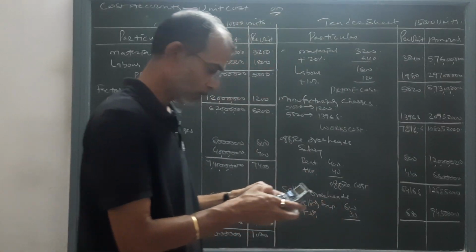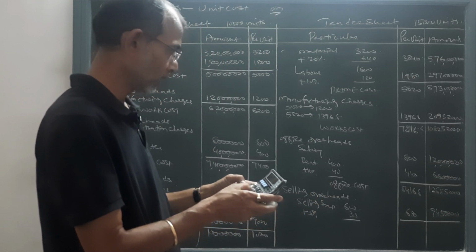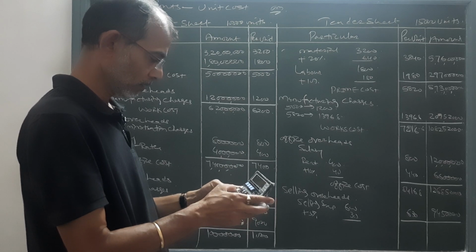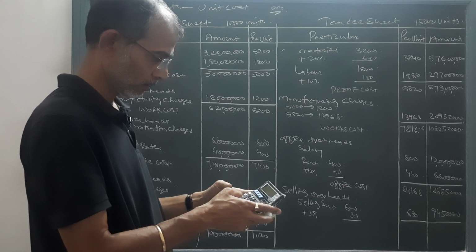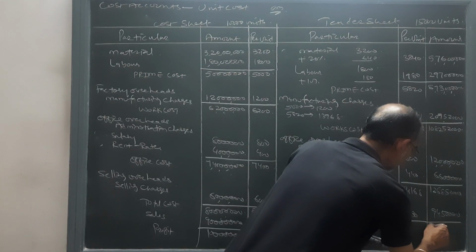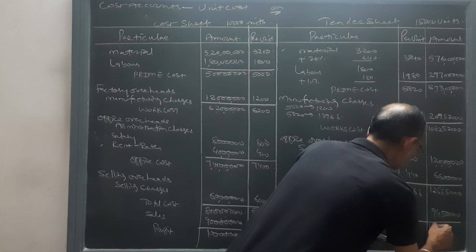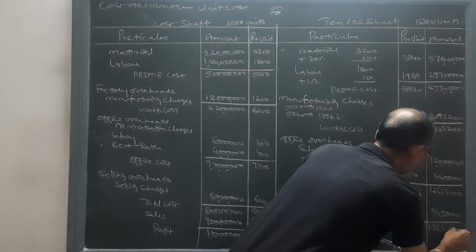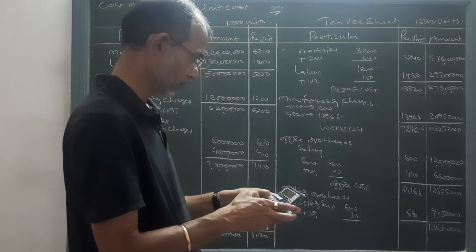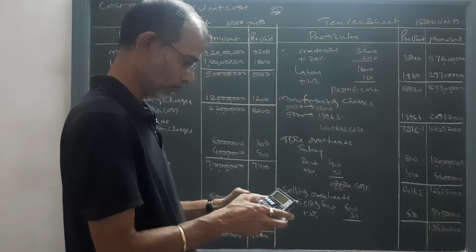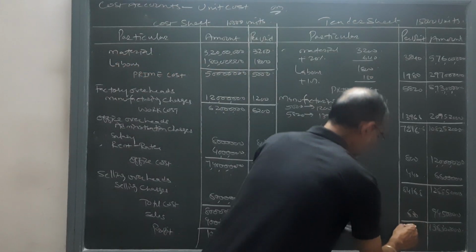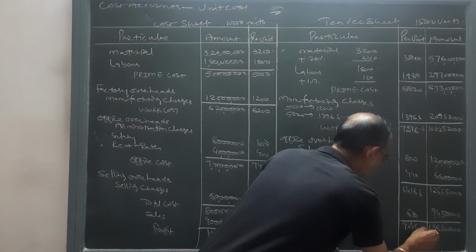Now total cost will be 1 crore 20, 12 crore 68 lakh. So 13 crore 63 lakh 2,000, and per unit will be 9,046.8.